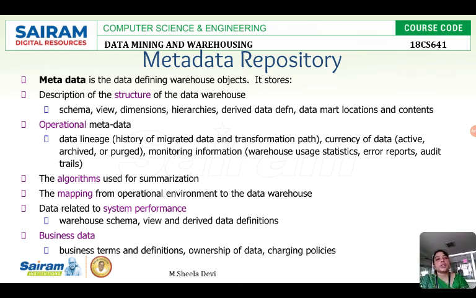So the metadata repository gives the description of the structure of the data warehouse, operational metadata, the algorithm used for summarization, how the mapping is done from the operational environment to the data warehouse, the system performance information, and the business data information. These are the pieces of information provided in the metadata repository of the data warehouse in the middle tier.